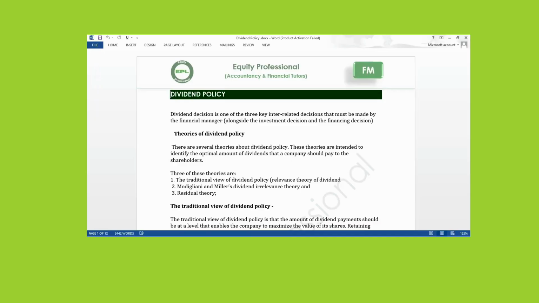There are many theories of dividend policy.